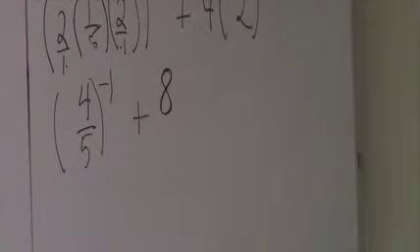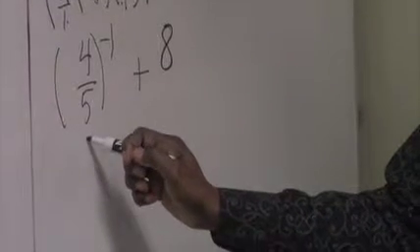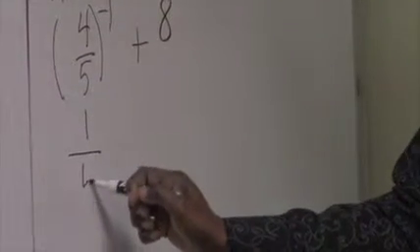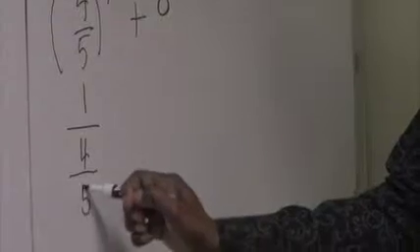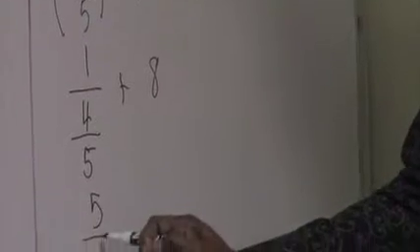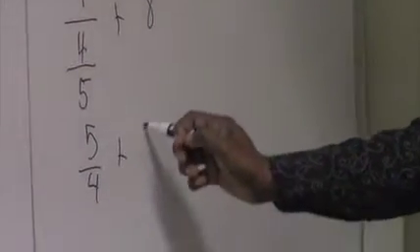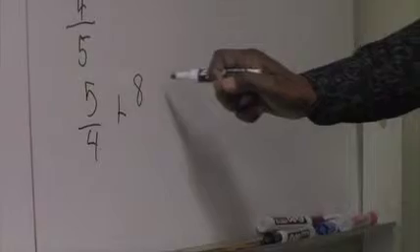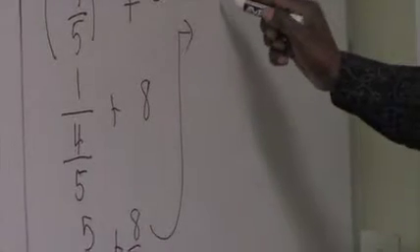So what then do I have here? 5 to the negative 1 is the same as saying 1 over 5, and 4 times 2 is 8. So this becomes 1 over 5, I mean 5 over 4, plus 8. Let's make this a fraction. Let's find the least common denominator here.